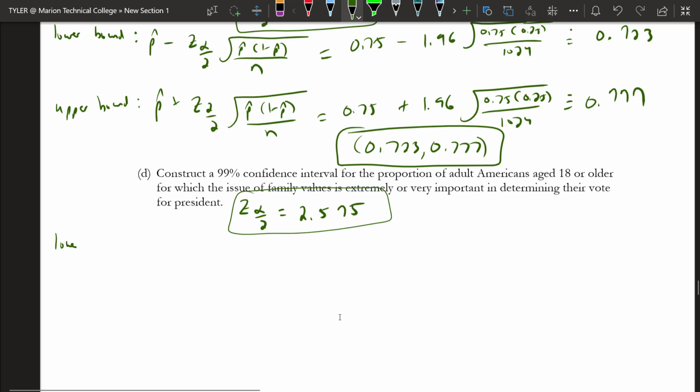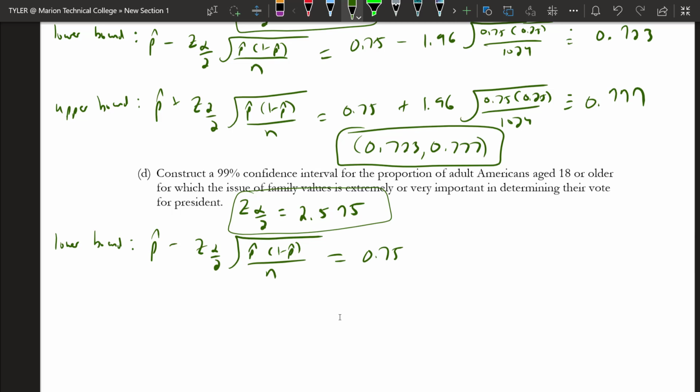So the lower bound, right, that's going to be equal to p hat minus the critical value times the standard error, which is sigma of p hat, right? So that would be the square root of p hat times 1 minus p hat divided by n, which is equal to 0.75.